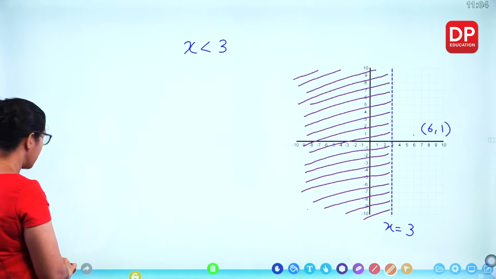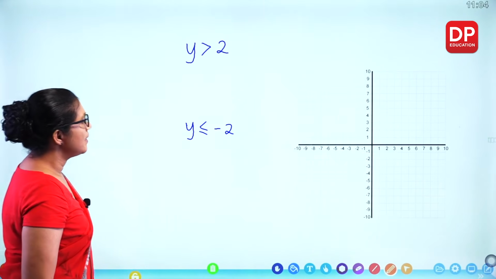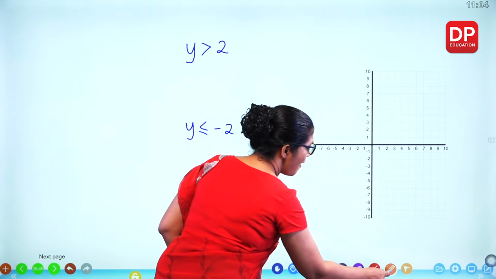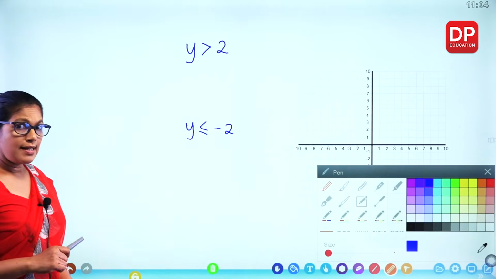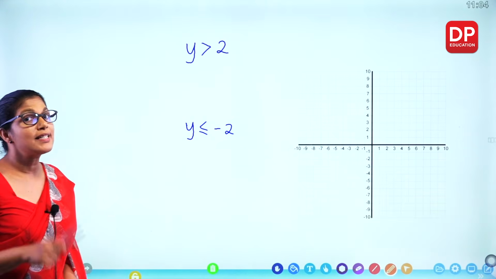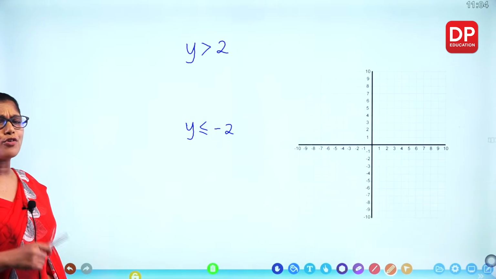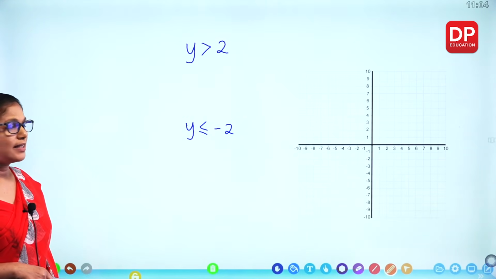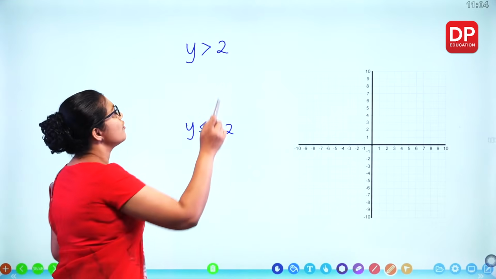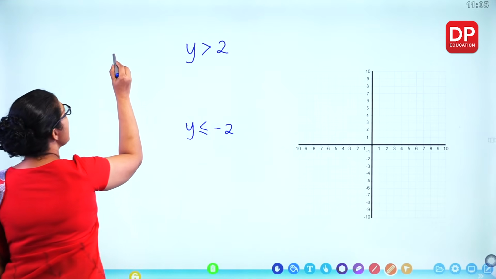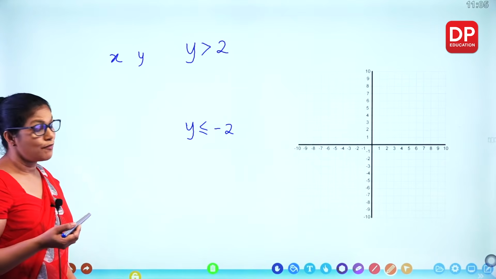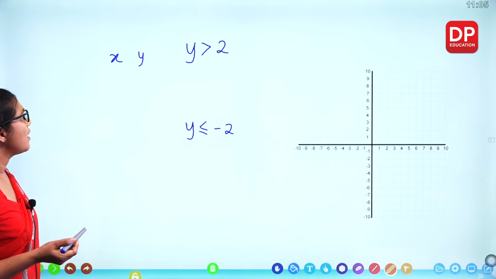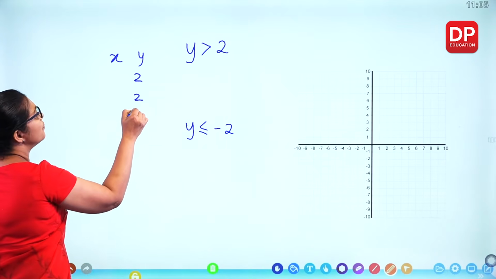Now we'll take another example. Now we have y, not x. Earlier x equals something was a vertical line. Now what do you think about y equals something? Check that out. That means you can take any x value. So here, if you want to draw the y equals 2 line, y is always 2.